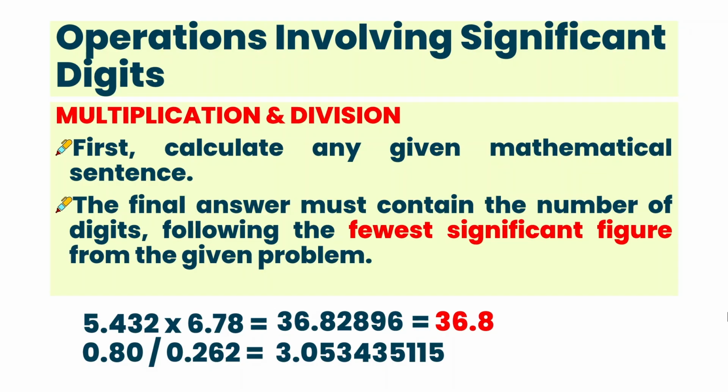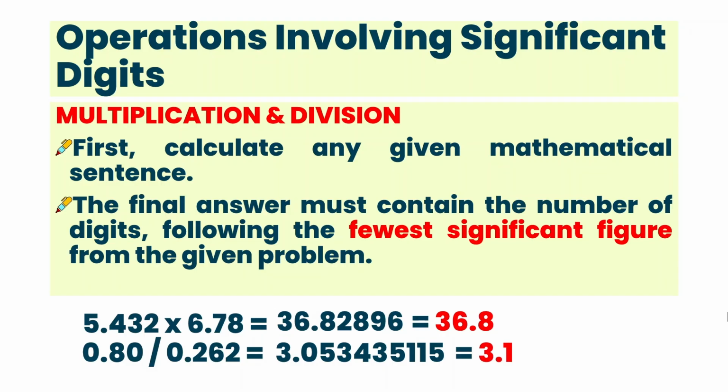So first, 0.80 has only two significant figures. 0.262 has three significant figures. Therefore, the final answer must contain two significant figures following 0.80. Okay, so the final answer must be 3.1.